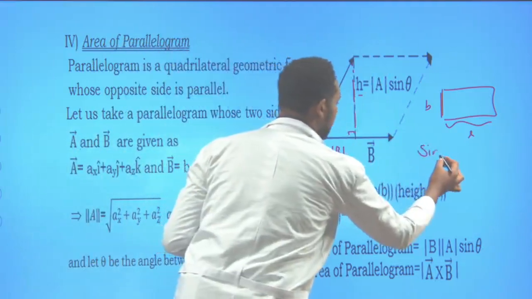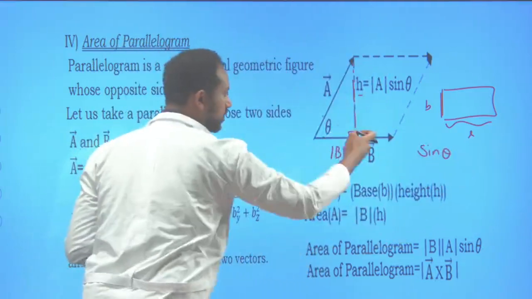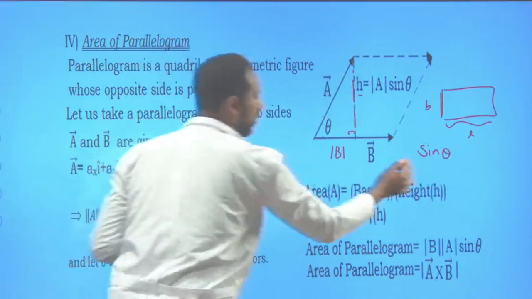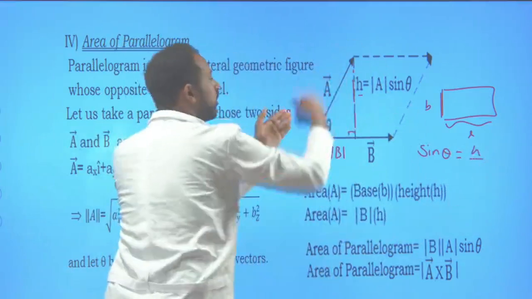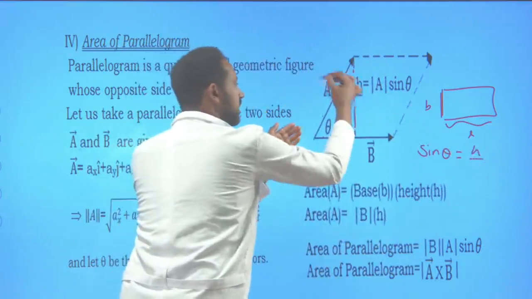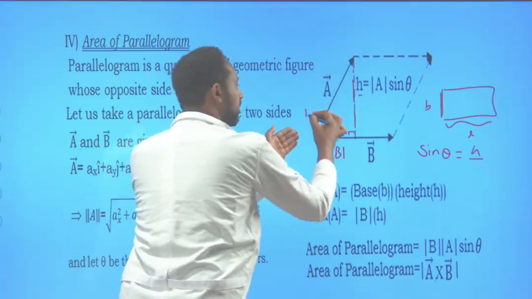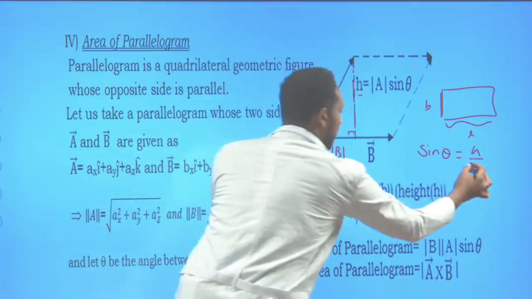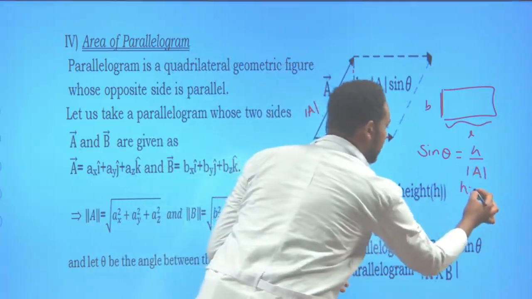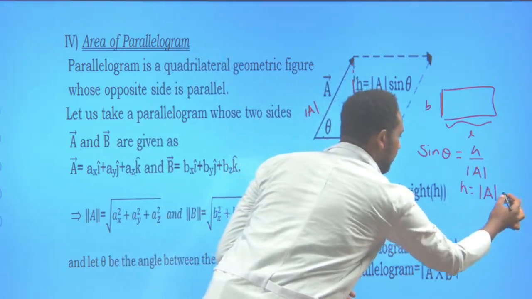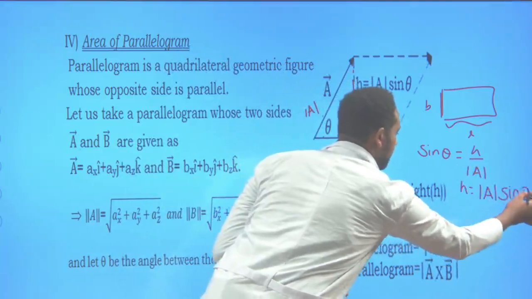You know that sine theta is opposite over hypotenuse. The opposite is the height itself, h, and the hypotenuse is a vector, so you have to find the magnitude of that vector, over the magnitude of vector A. When you cross-multiply, the height gives you the magnitude of vector A sine theta.